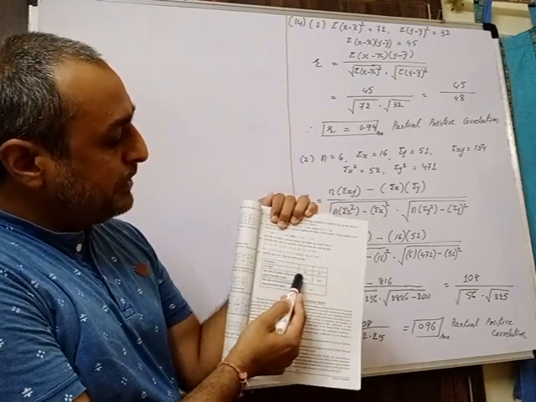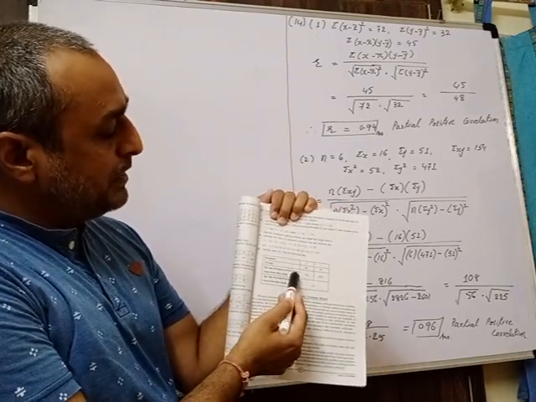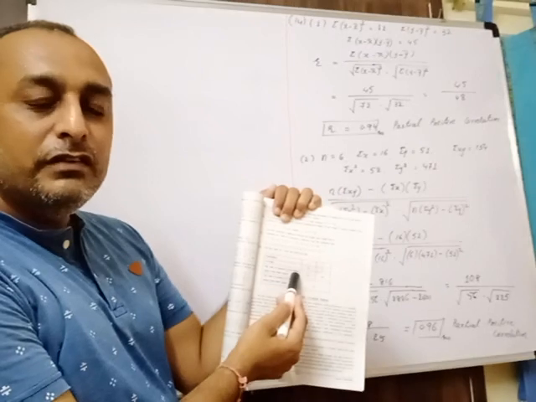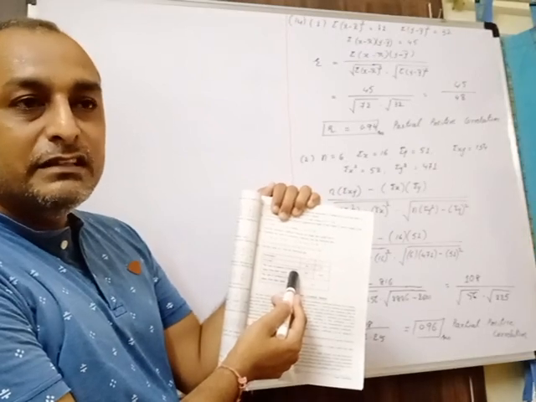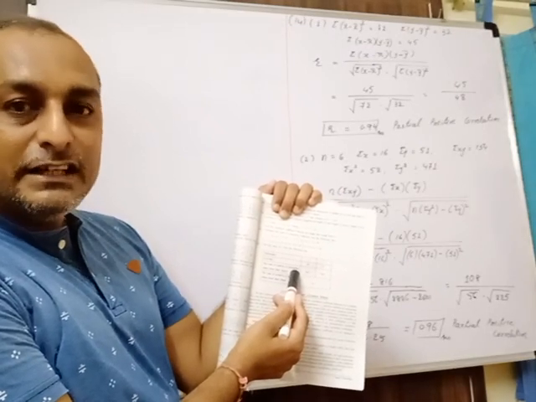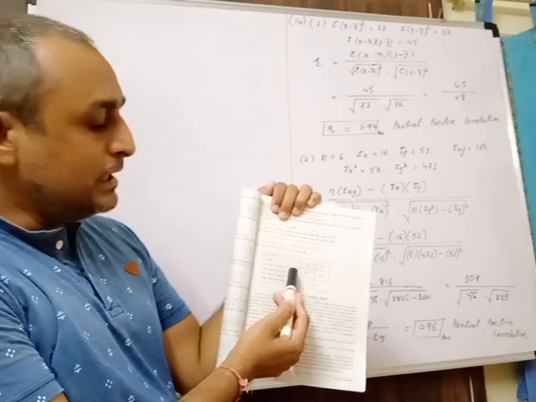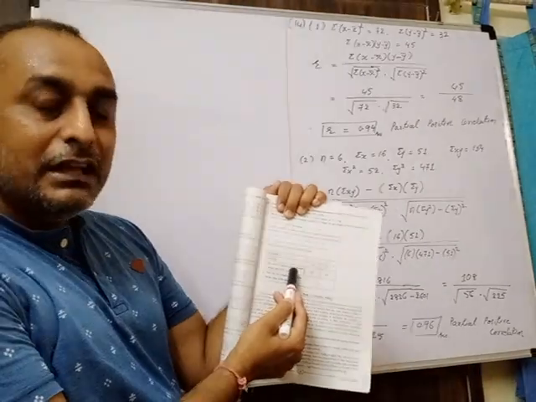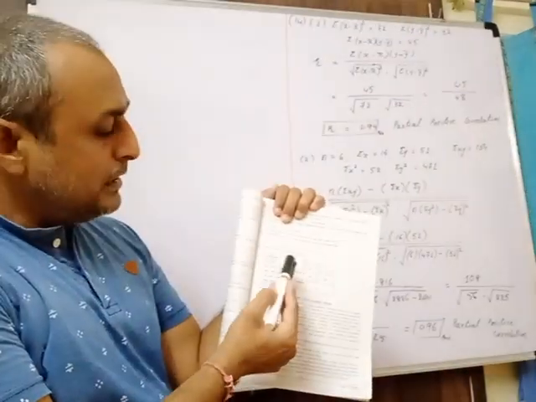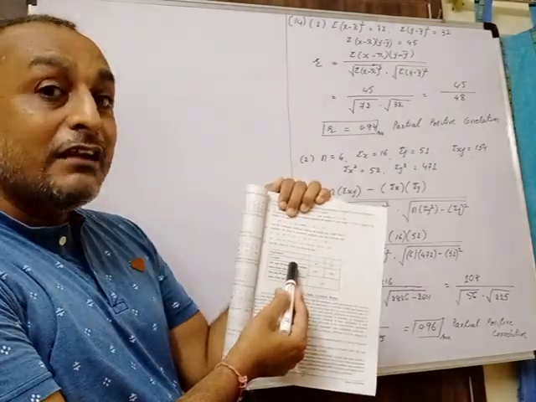The sum of squares of deviations taken from the mean. Deviation means x minus x bar, or also x minus a. But taken from the mean means it is x minus x bar, and the sum of its square value is given.